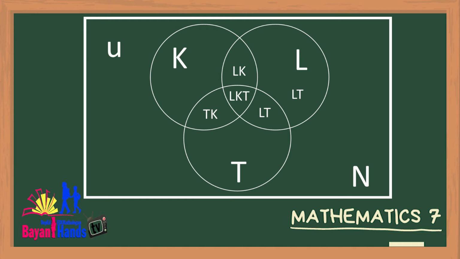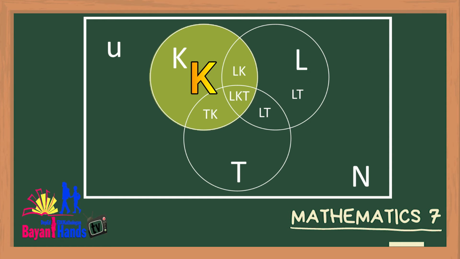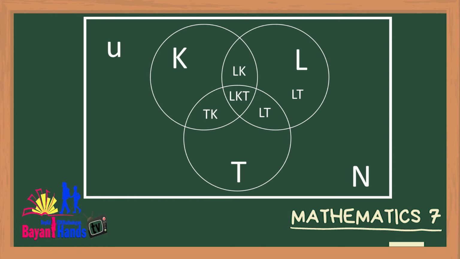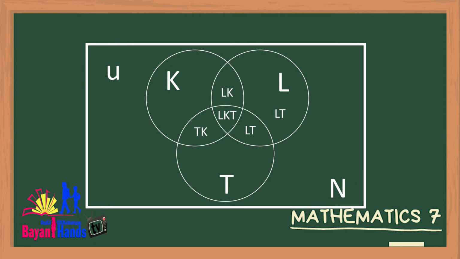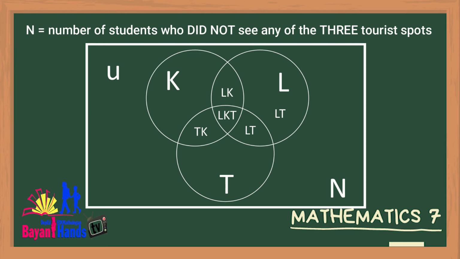Now, the Venn diagram shows 3 ovals overlapping each other. Each represents L for Lake Cebu, K for Coronadal City's Siok Falls, and T for Tupi. On the other hand, N stands for the number of students who did not see any of the 3 tourist spots.